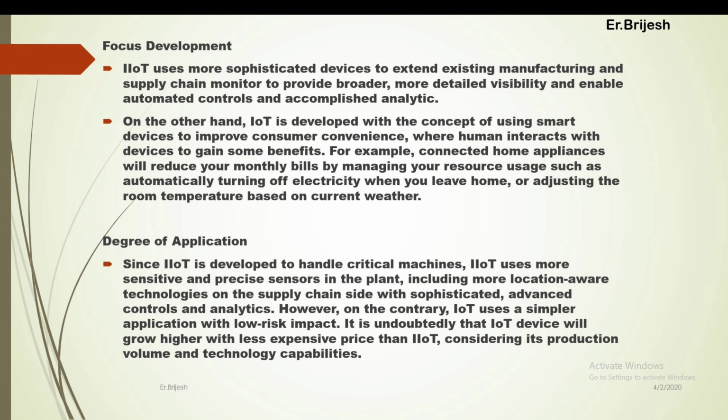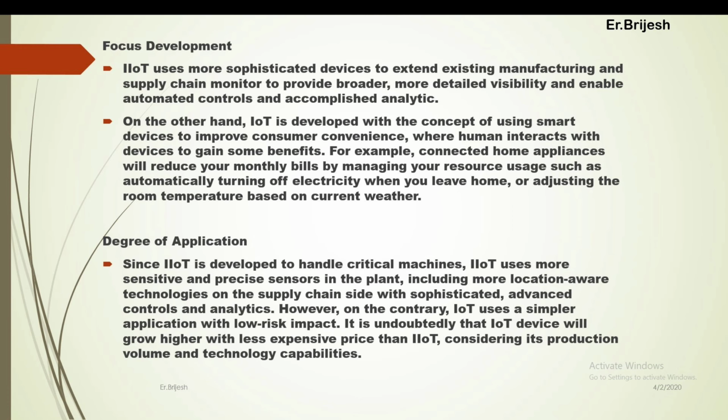And the next point is that the degree of application is more in IIoT. Since IIoT is developed to handle critical machines, IIoT uses more sensitive and precise sensors in the plant, including more location-aware technologies on the supply chain side with sophisticated advanced control and analytics.